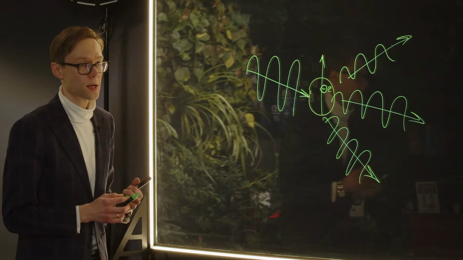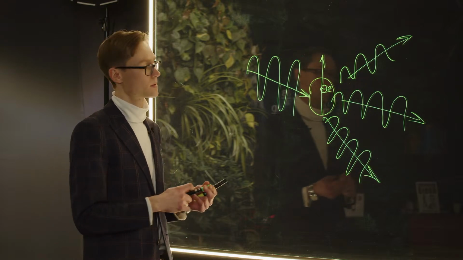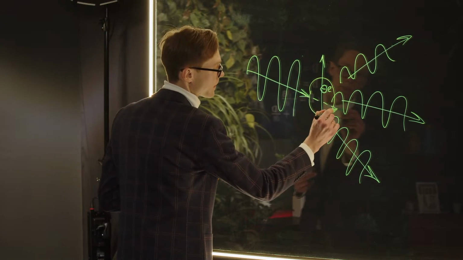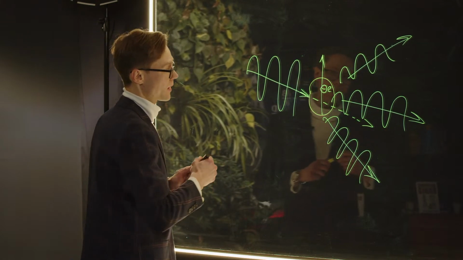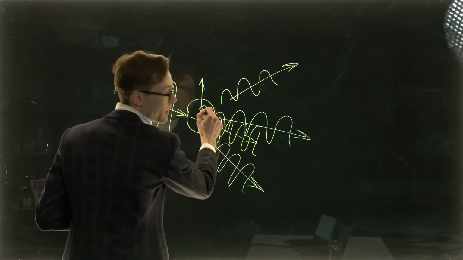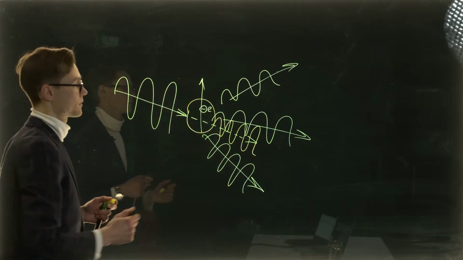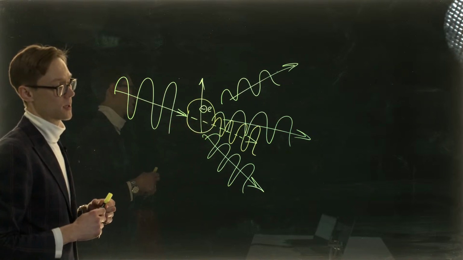And the thing here is what happens when these two waves, the original one and the one emitted by the particle itself or by the material itself, interfere with each other.